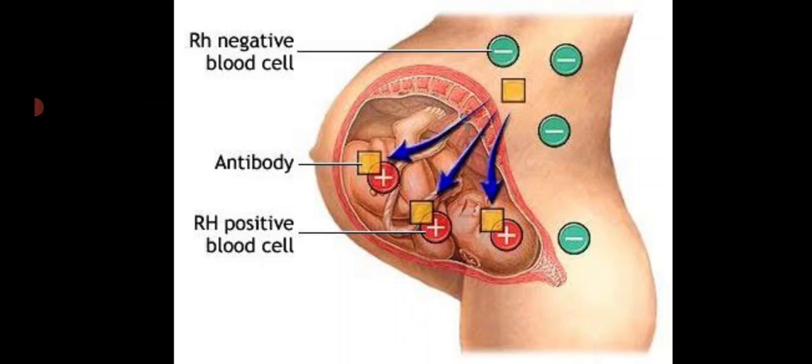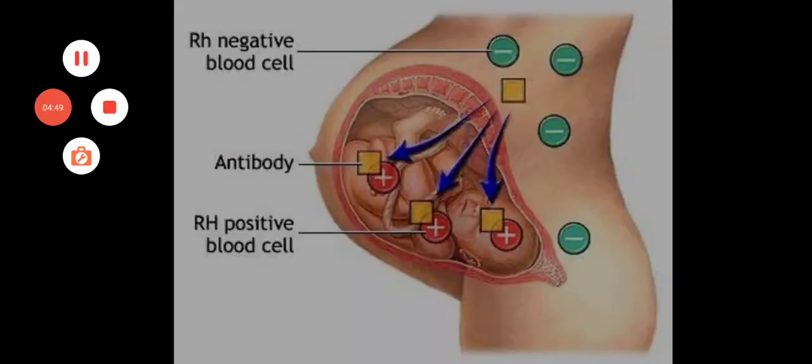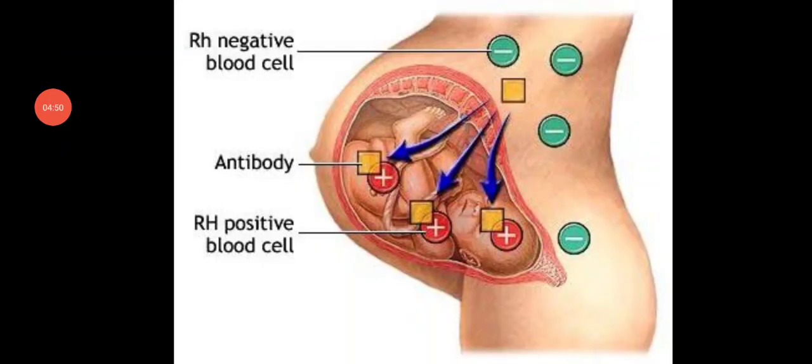So the mother's immune system recognizes the Rh antigens and gets sensitized. The sensitized mother, that means the fetal blood enters into the mother's blood, so the mother's blood is sensitized. So the sensitized mother produces Rh antibodies.